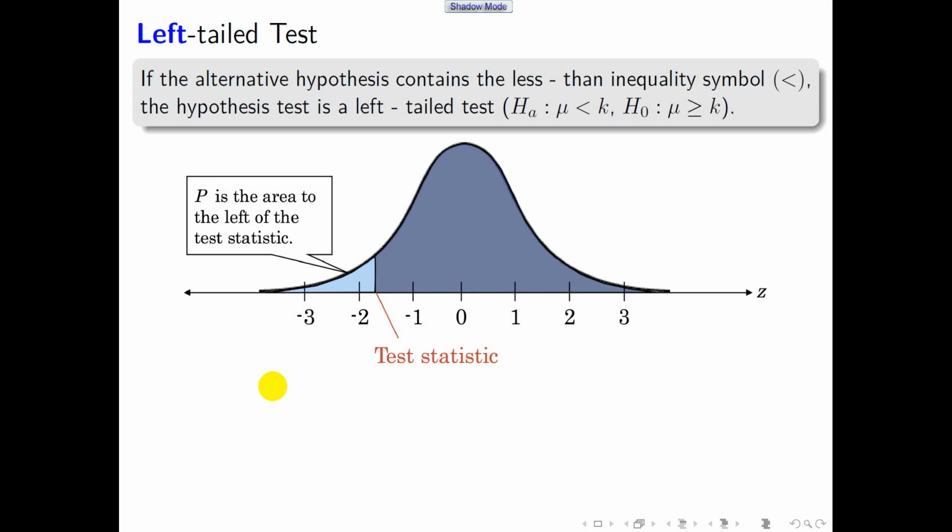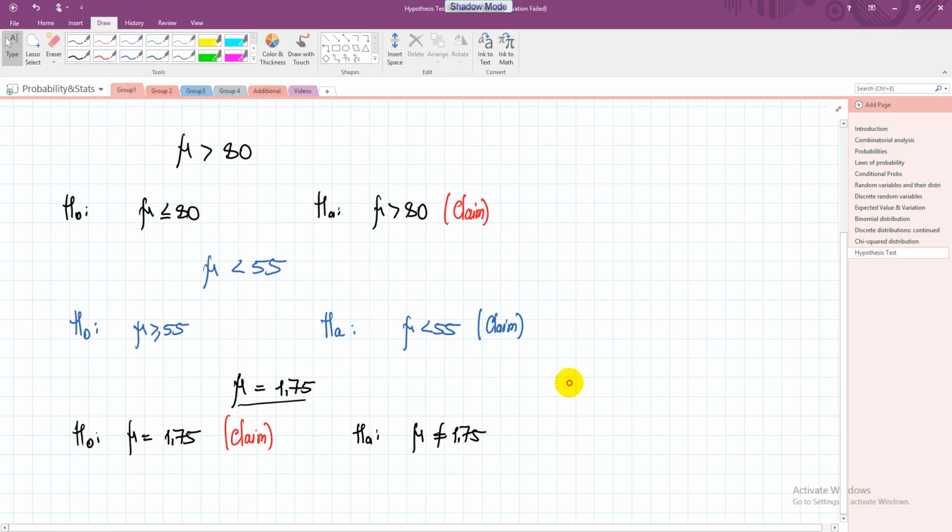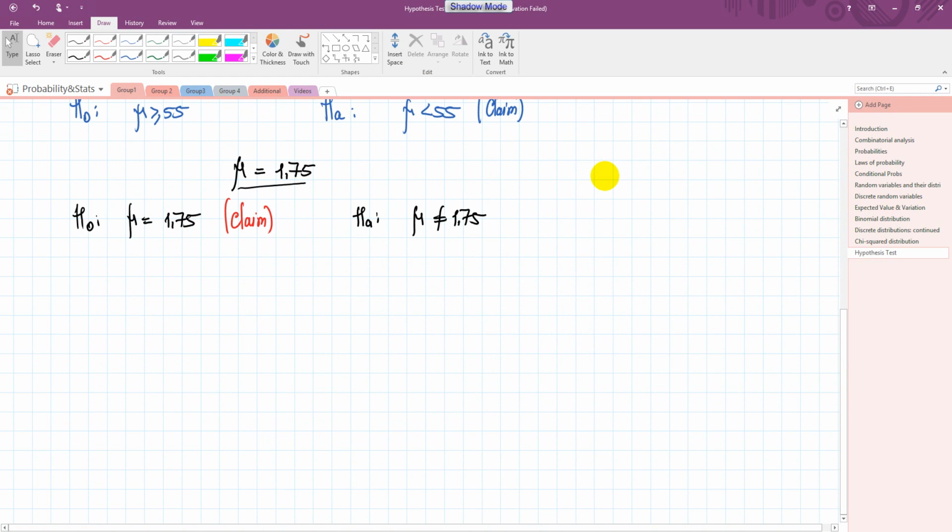So let's do a small example in order to understand this. Let's say your claim is about mu, the average lifetime of the batteries, is less than 1,000. Or more or equal, let's say, more or equal to 1,000.